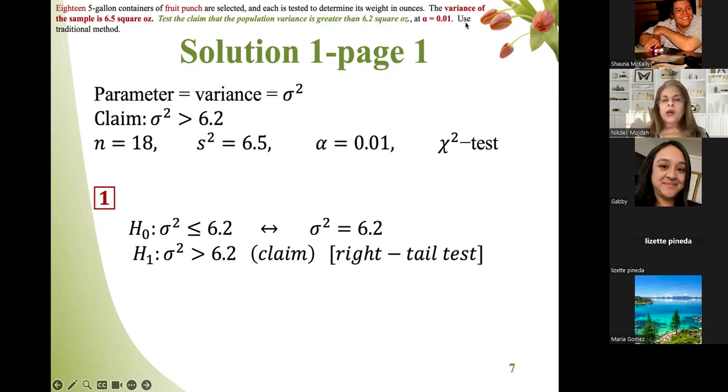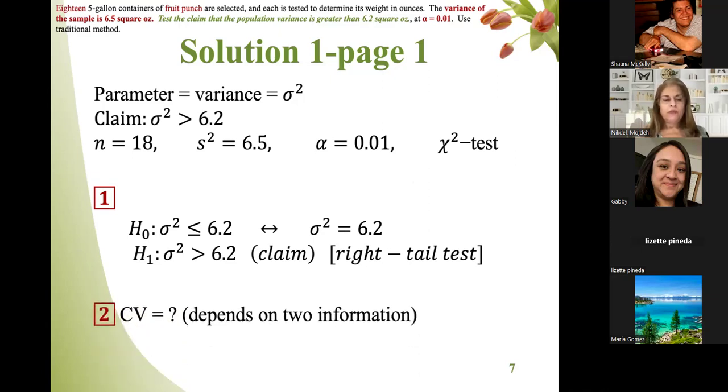Now, since I'm using the traditional method, at the second step, look at your formula sheet. You have to find the critical value. The critical value depends on two things: your statistical test, which is the chi-square test, and your tail test, which is right tail. Look at the handout that I gave you.